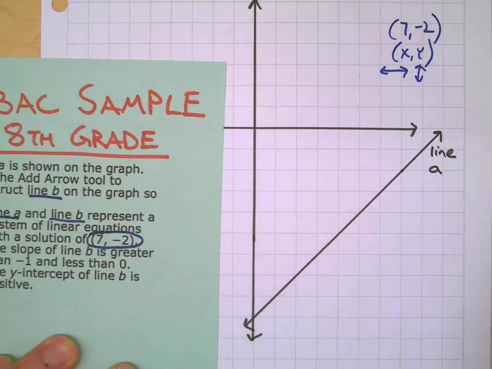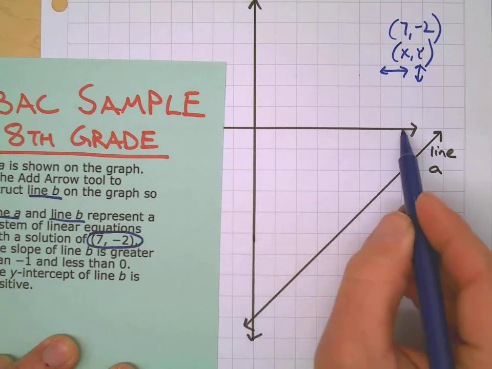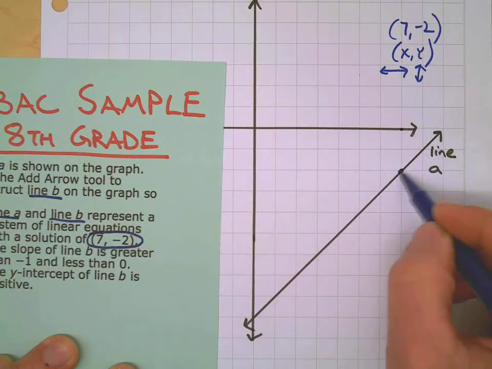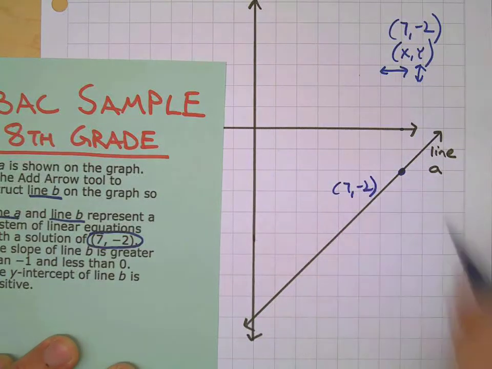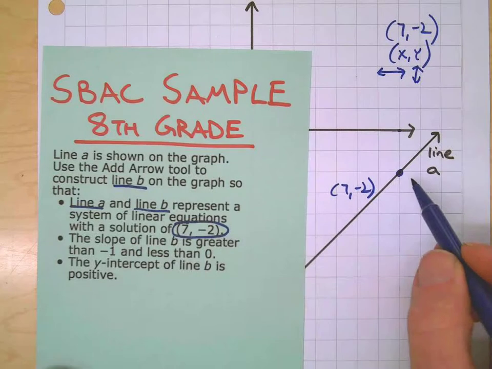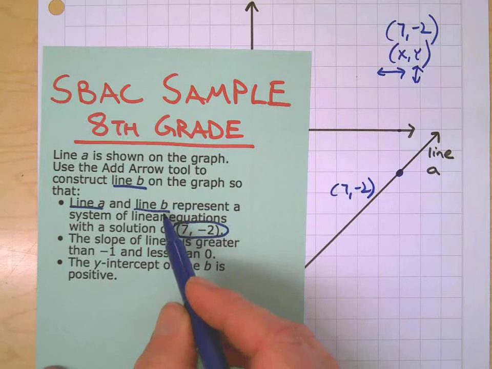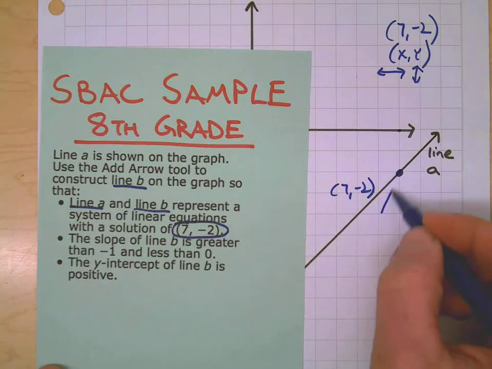Since it's +7, we're going to go to the right 7: 1, 2, 3, 4, 5, 6, 7, and down 2. That puts us right there. So that point needs to be part of line B also. Let's just make sure whatever line we draw has to pass through this point.